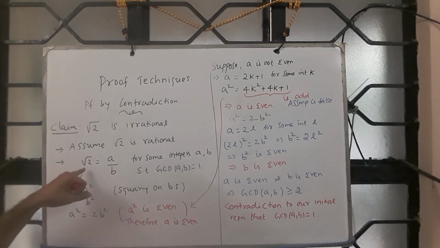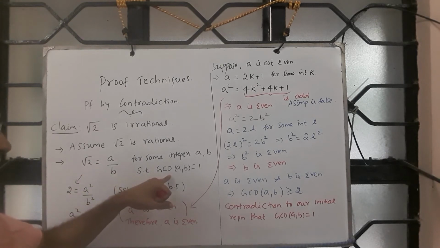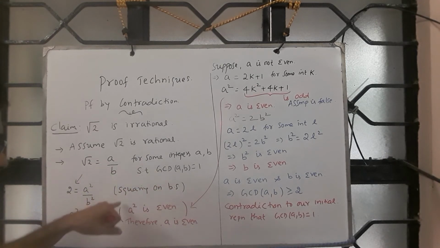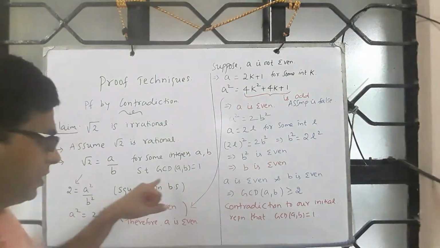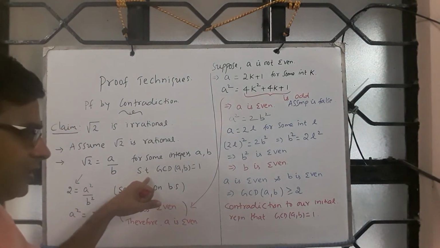So when we represented the rational number, we said we don't choose some a, b, we only choose a, b in such a way that GCD of a comma b is 1. But after doing all this, we see that we get a contradiction to our earlier representation.